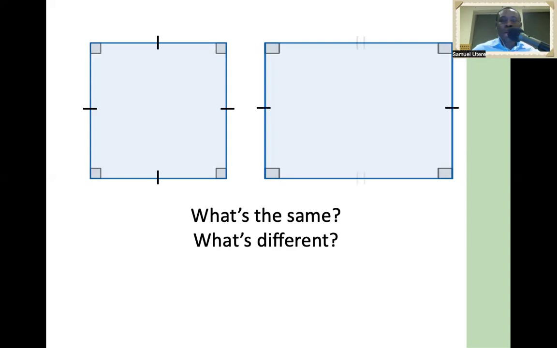But this one has two different pairs of sides that are equal. So opposite sides are equal, not parallel sides, sorry. So this side is equal to that side, and that side is equal to that side.